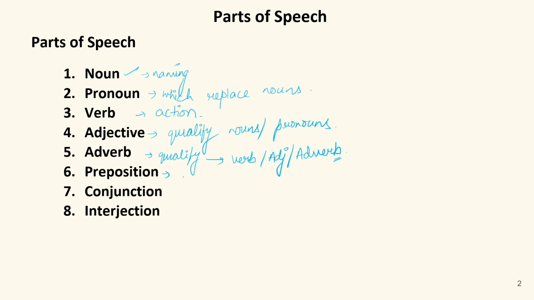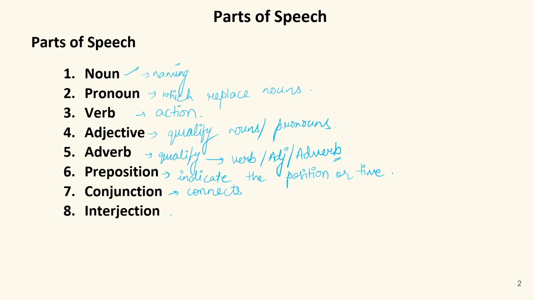The words indicate the position or time of a noun with the entire sentence. Conjunction connects sentences, words, or clauses together.